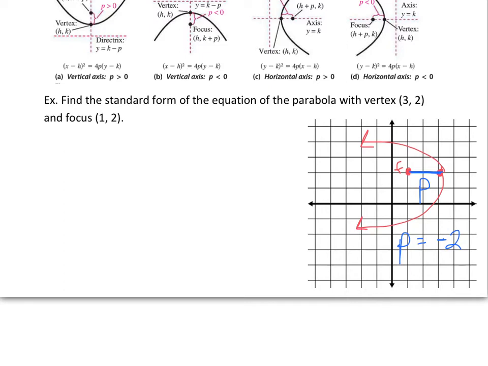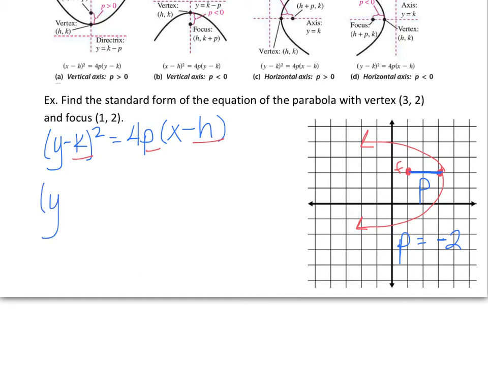Then I'm going to plug it into standard form. Standard form for a left and right was y minus k, quantity squared, equals 4p times x minus h. So what do I need to write in standard form? You need your h, your k, and your p.